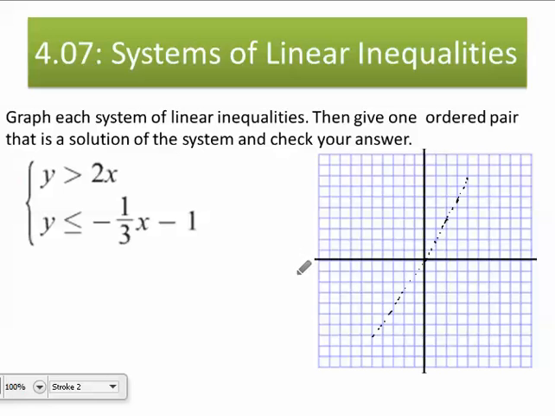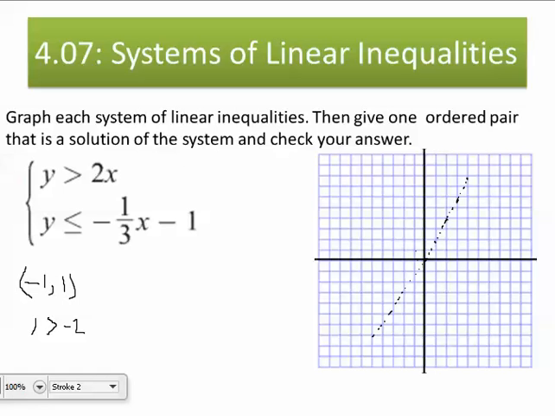Well, if we look at the point -1, comma 1 as one of the values there, then we can say that 1 is greater than -2. Well, that's true. So the side over here that has -1, 1 on it, that's the side I'm going to have to shade.